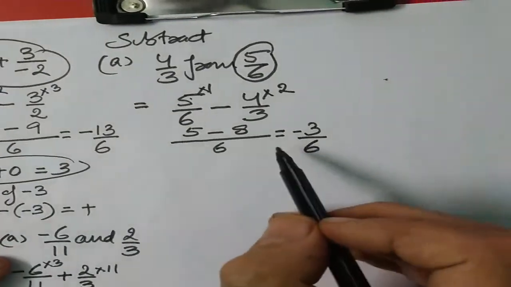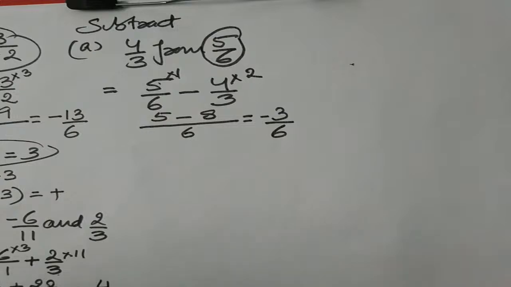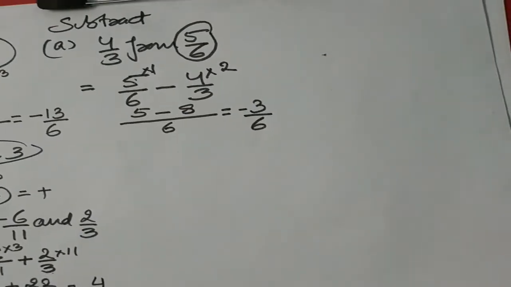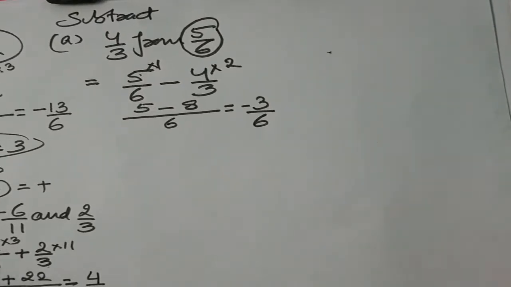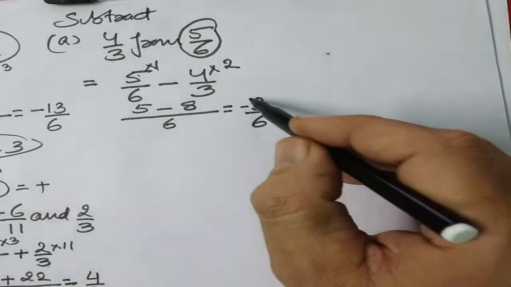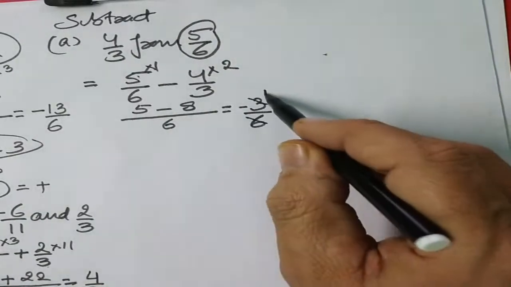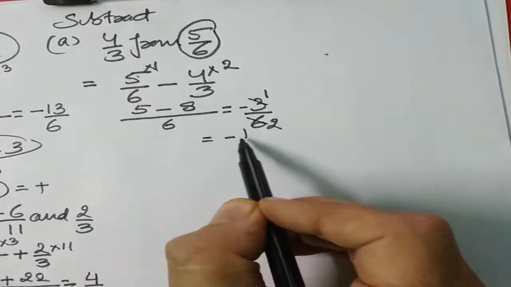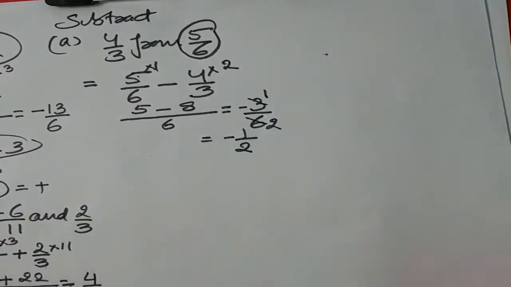Now you have to simplify. So 3 and 6 will divide: 3 1s are 3, 3 2s are 6. Answer is minus 1 upon 2.